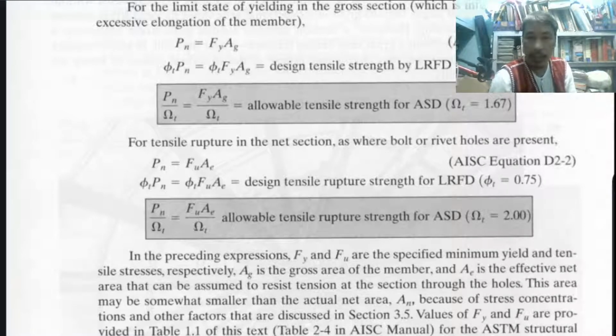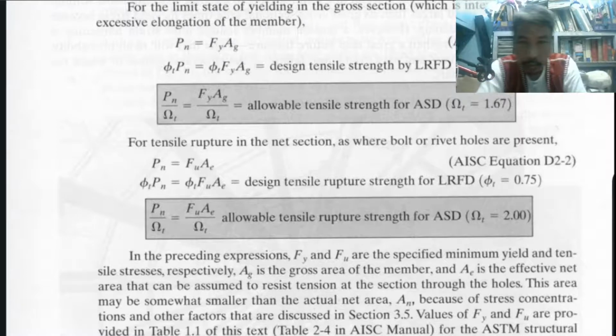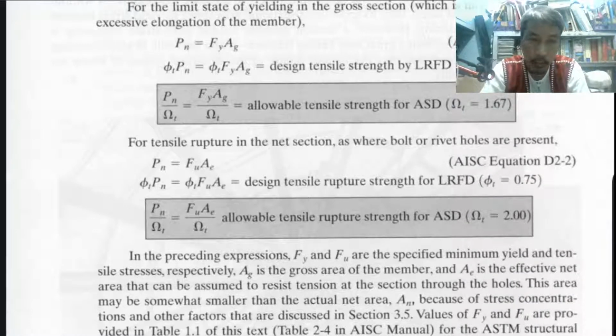So when we are using ASD, the difference is between 1.67 and 2. 1 over 2 is 0.5, and 1 divided by 1.67 is actually 0.6.